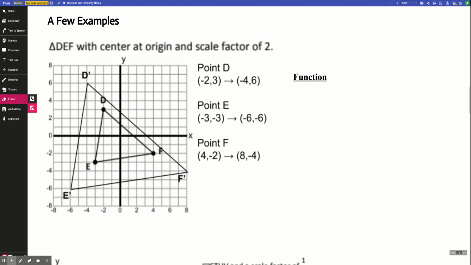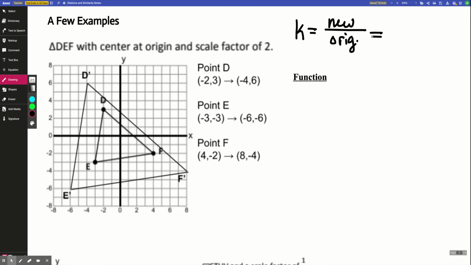We have to know which is which, and the reason for that is because if we want to calculate a scale factor, it's always the new coordinate point divided by the original coordinate point. I'm saying coordinate point, but it could also be a side length or anything like that.